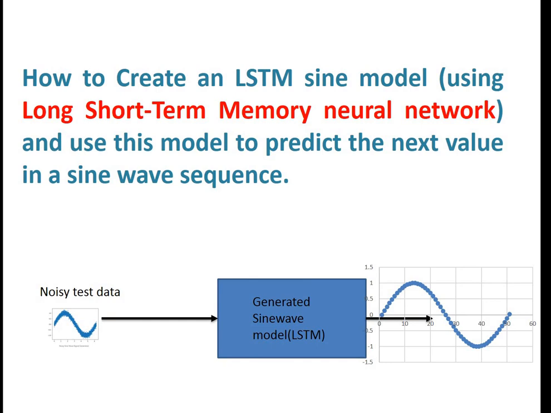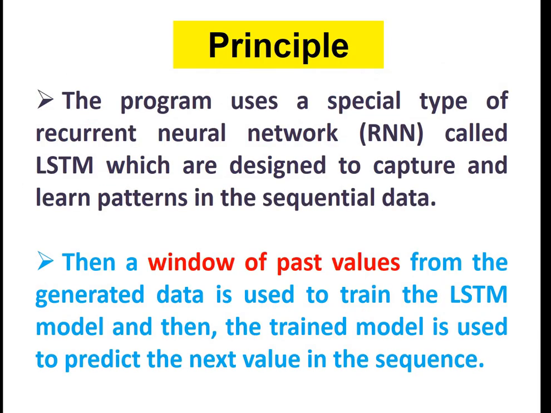Some basics of LSTM have been discussed in the earlier videos, and we are going to use this model to predict the next value in a sine wave sequence. The principle of this video is that the program uses a special type of RNN called LSTM, which is designed to capture and learn patterns in sequential data.